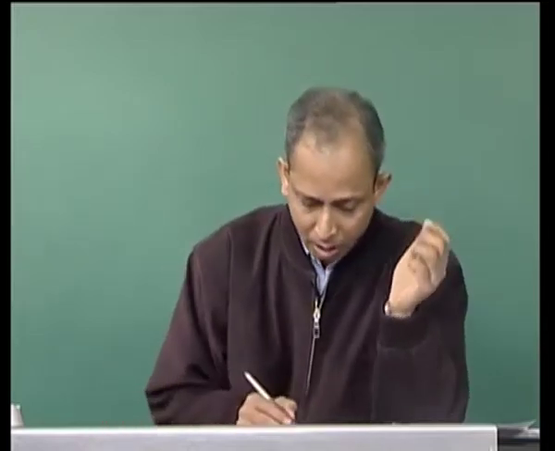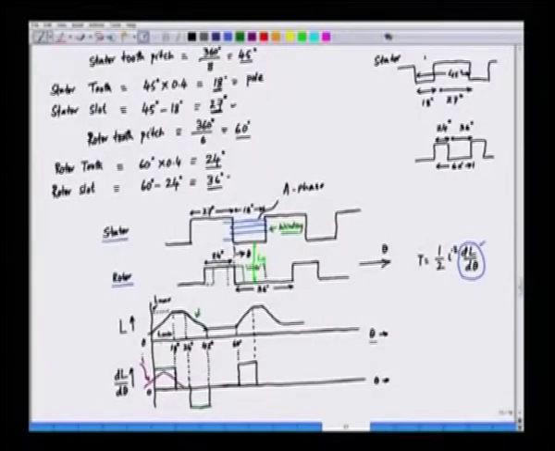It means the phase current, if this phase carries a current I, this I should be predominantly in the positive dL by d theta, not in the negative dL by d theta, because if the current exists during the negative dL by d theta, torque will be negative. I square is always positive. So, if you want positive torque, I should only exist during positive dL by d theta, and that is the principle of torque production in a switched reluctance motor.